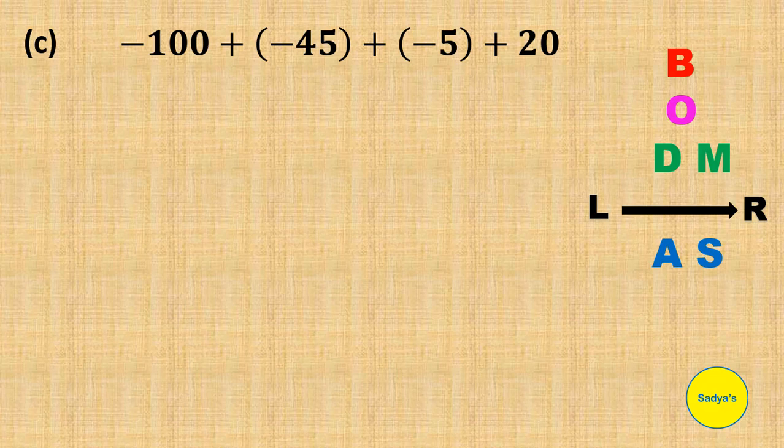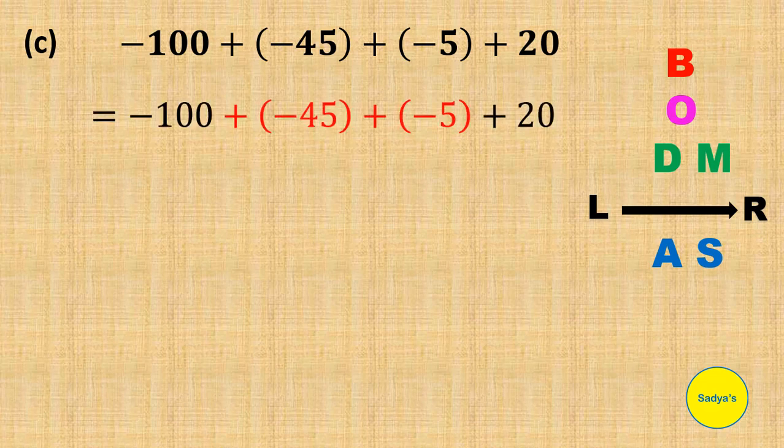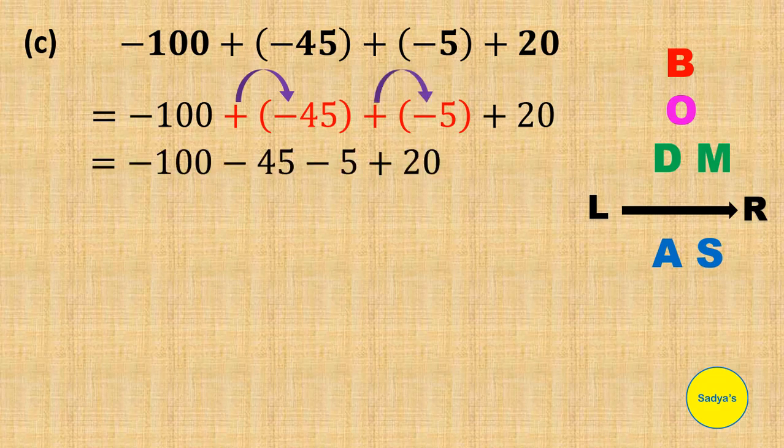Negative 100 plus negative 45 plus negative 5 plus 20. Looking at the content within the brackets, positive and negative 45 can be written as negative 45, and positive negative 5 will be written as negative 5. And the remaining content, negative 100 and plus 20, remains as it is.